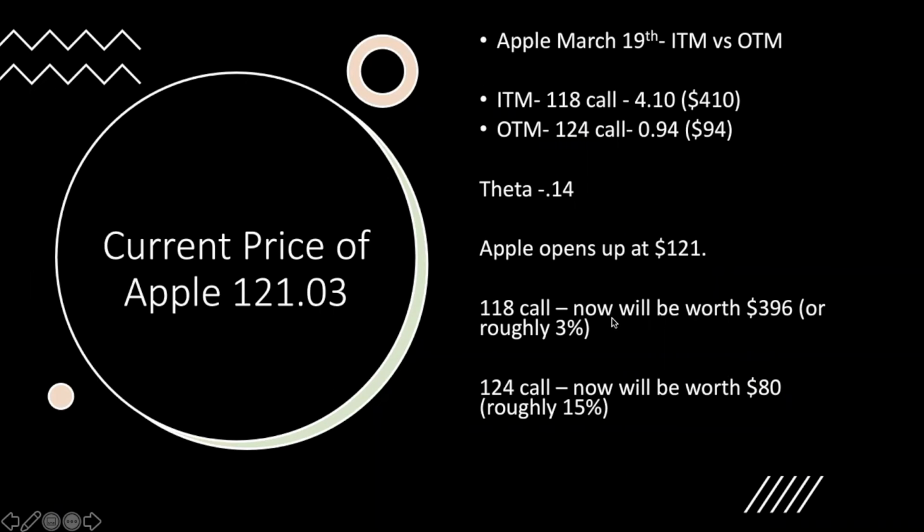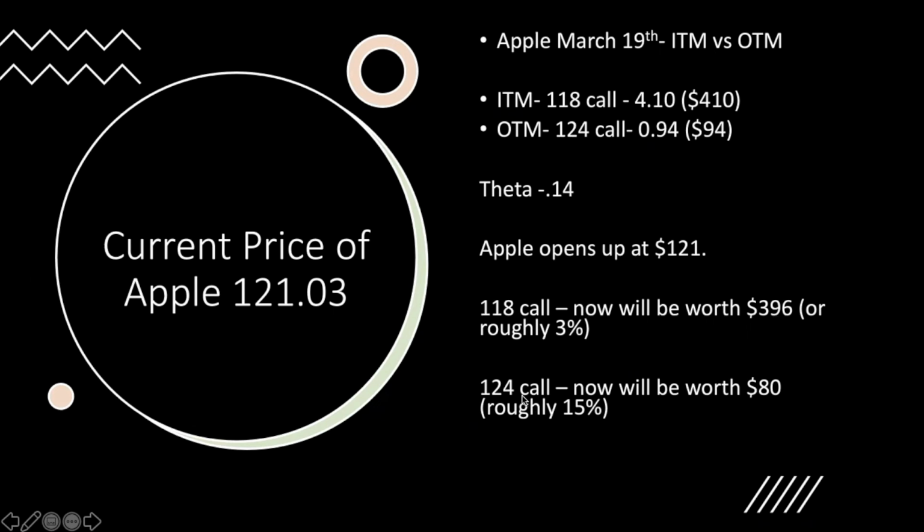Now your contract the next day will be worth $396, or roughly a 3% loss. The 396 comes from $410 minus $14. So $410 minus $14 is 396. Again, theta is also multiplied by 100.